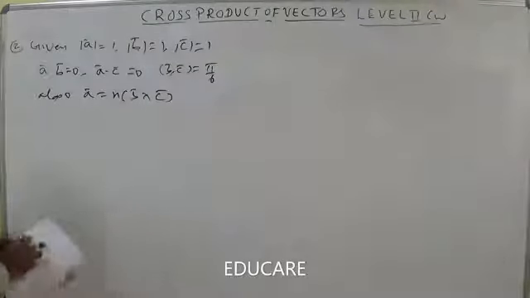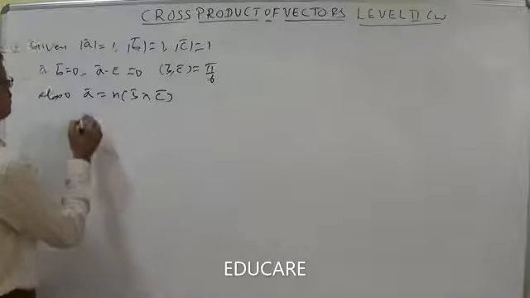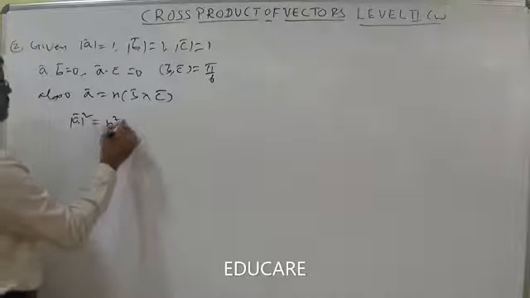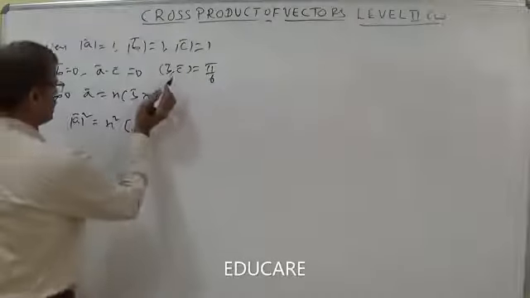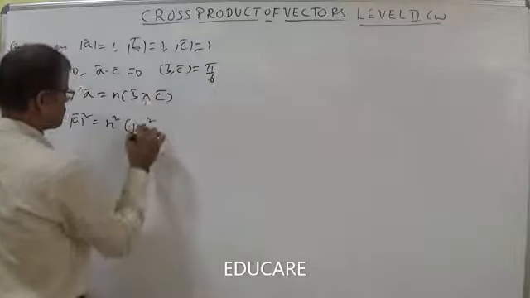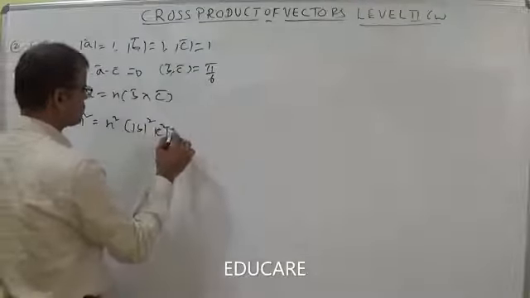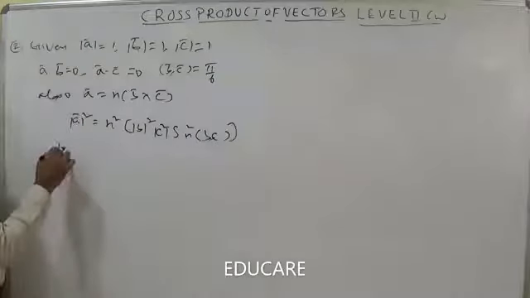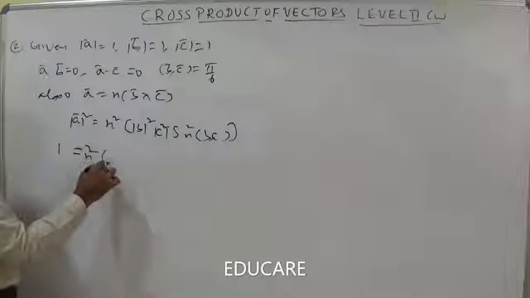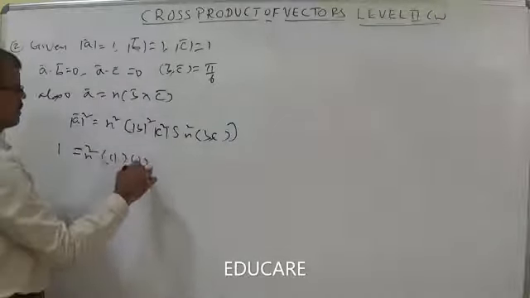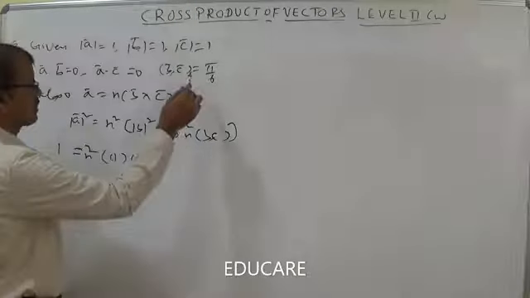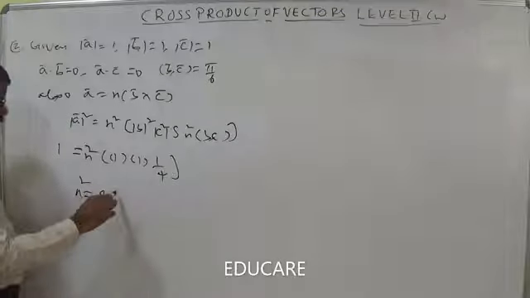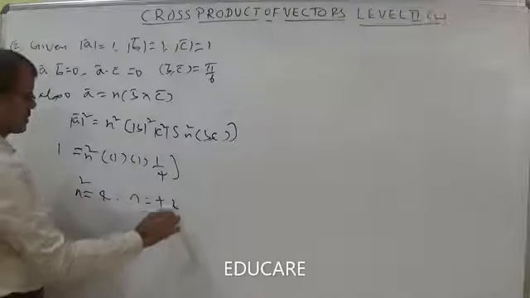If we take squaring on both sides, mod A square equals n square into mod B square into mod C square into sin square of the angle between B and C. Mod A square is 1, and this is n square into 1, into 1, into sin square 30. Sin square 30 has value 1 by 4. So n square equals 4. Therefore n is equal to plus or minus 2.